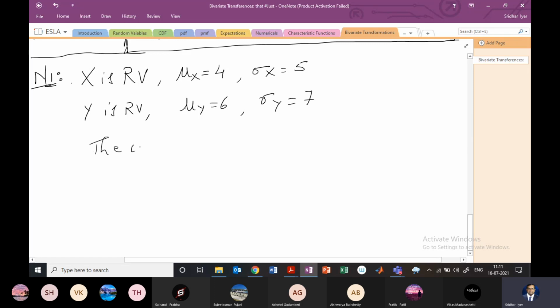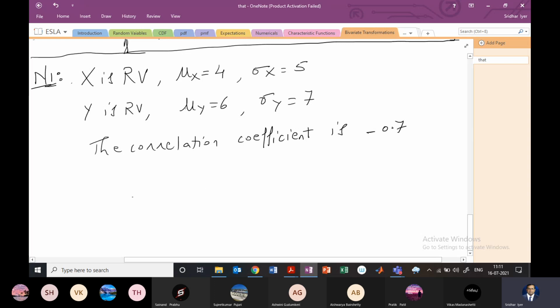We are also given the correlation coefficient is negative 0.7. That means the relation of x and y is on the negative side, right?